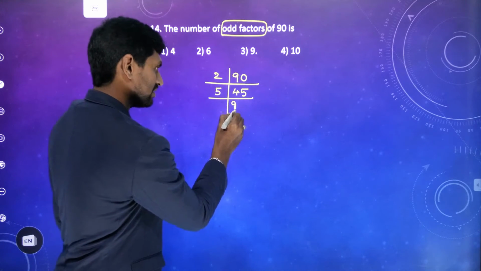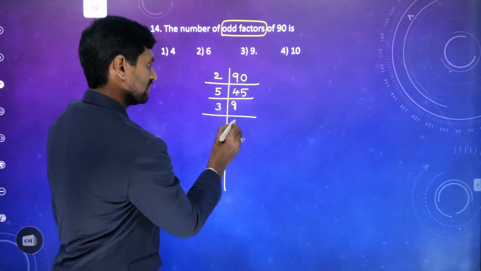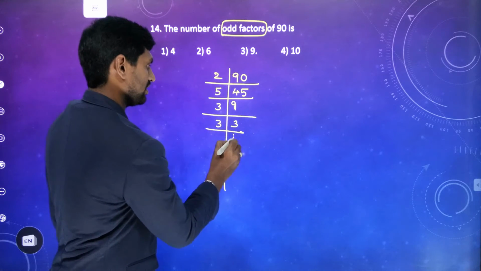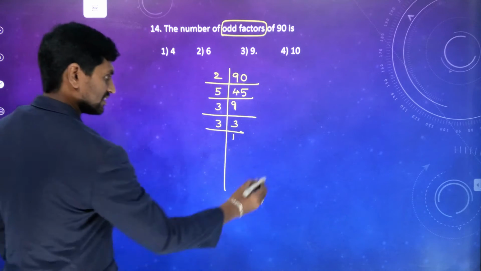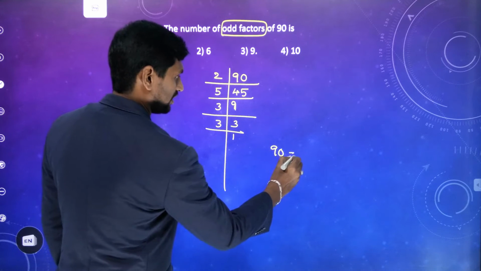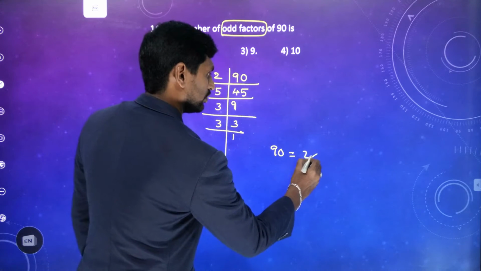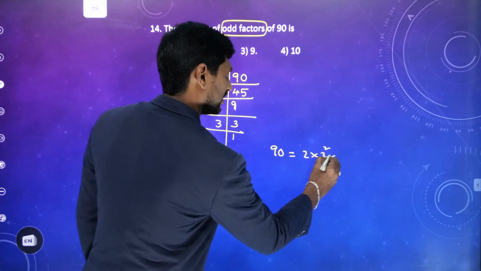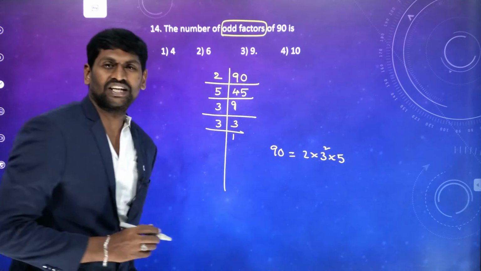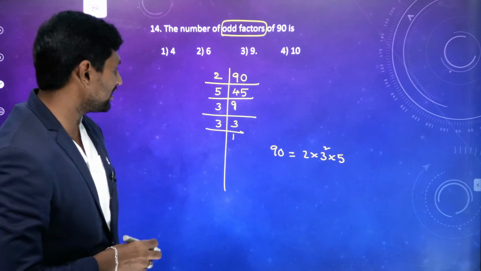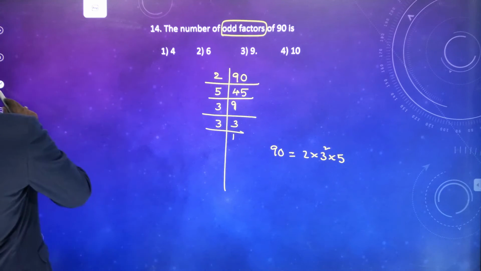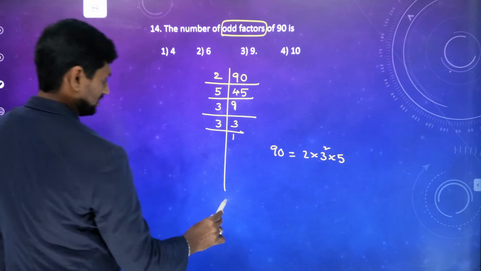Yes, 9 times. 3 table 3 times, 3 table 1. So the prime factors of 90 are 2 into 3 square into 5. This is regular prime factorization. Its prime factorization is unique for every number, right?